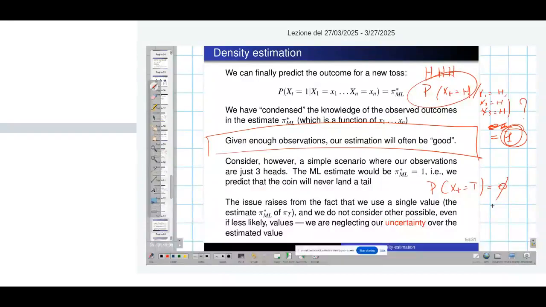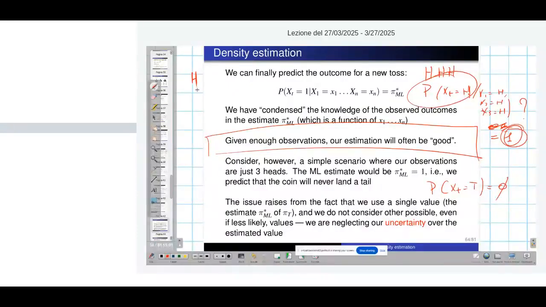Imagine we go to the extreme, we observe 1 toss that is head, then our model will say that it's always head. But when we have 1 toss, we will always have that it's either a head or a tail. So if we apply this model after a single toss, we know for sure that the model will give us a wrong answer unless the game is so rigged that the coin really gives always the same answer. But it's difficult to say that in advance.